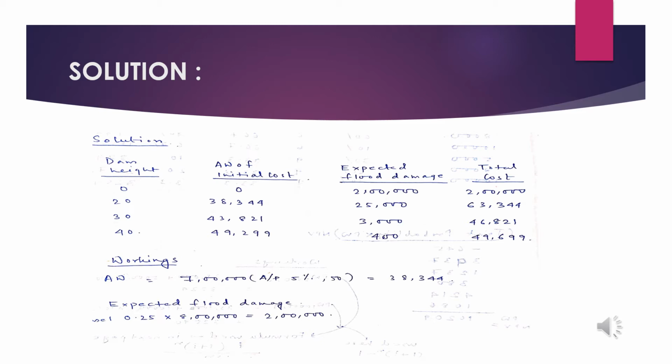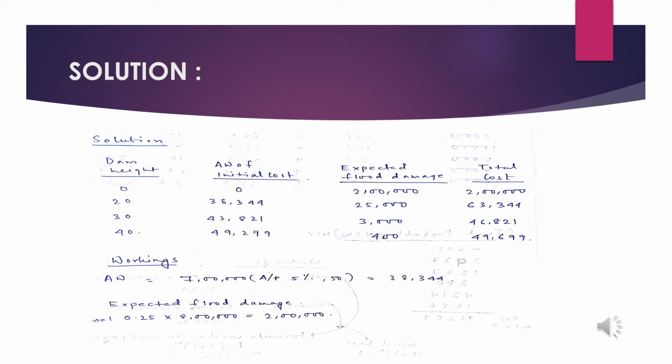For 0 feet we get 2 lakh. For 20 feet, 30 feet and 40 feet, the respective values come to 63,344, 46,821 and 49,699.